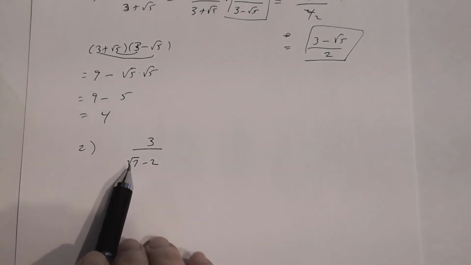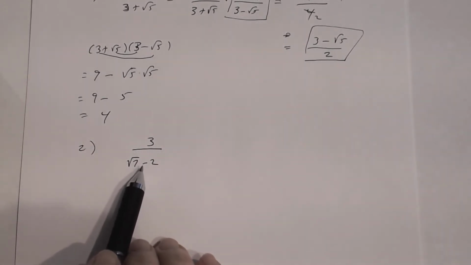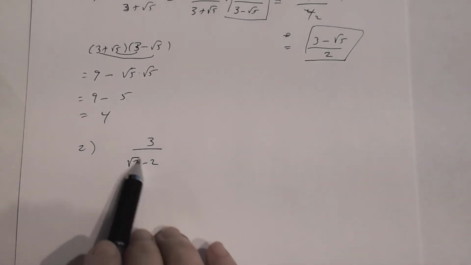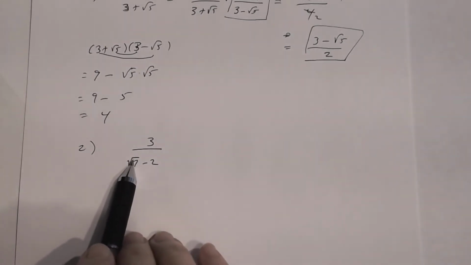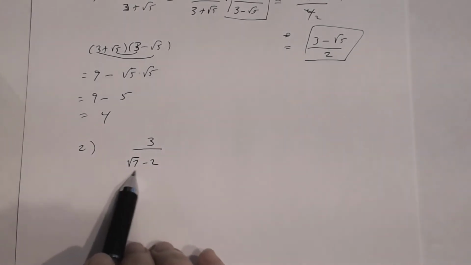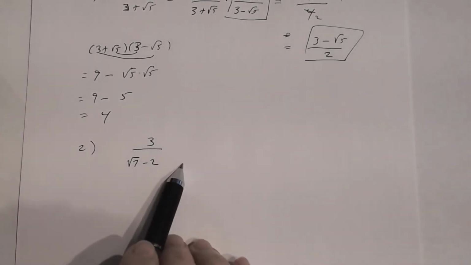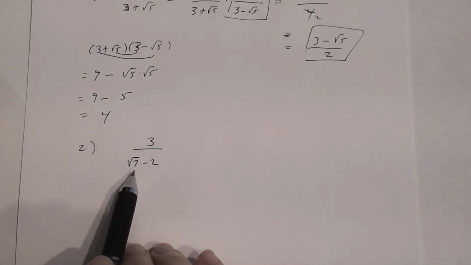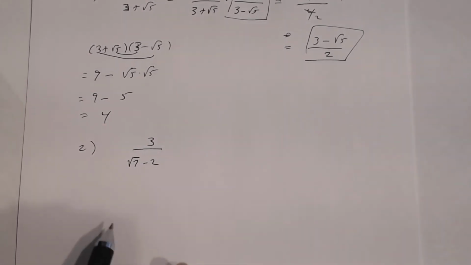You got to remember this. Whenever you have a binomial and there is a square root in the denominator, to rationalize that denominator, to make that denominator no longer have a square root, we have to use the conjugate. So what is the conjugate of square root of 7 minus 2?